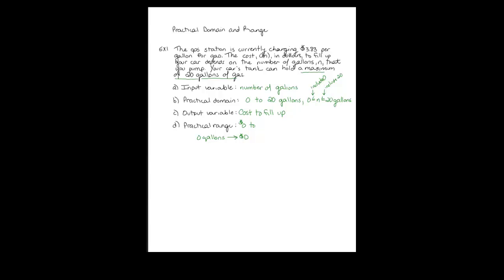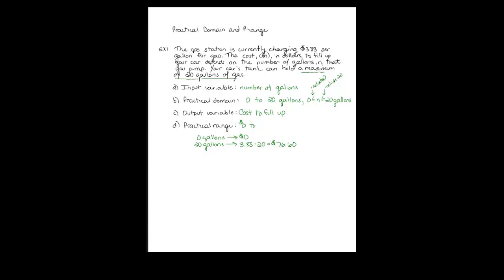You also have to come up with a maximum value. So the most amount of gallons you can pump will be 20 gallons, 20 gallons at $3.83 per gallon. So $3.83 times 20 equals $76.60.